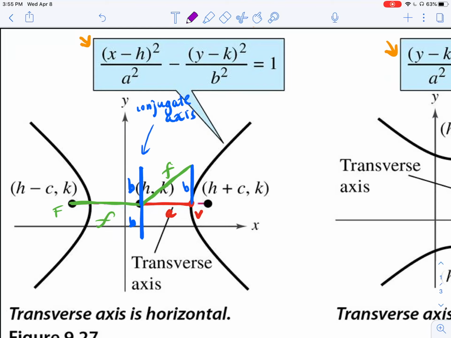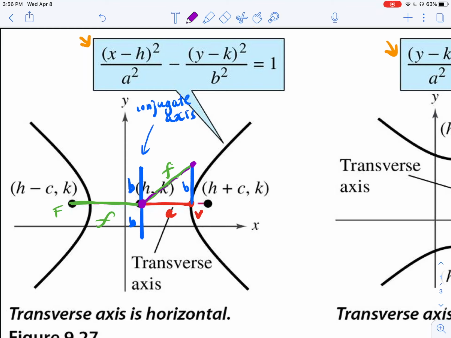So what do these asymptotes look like? Well, I'm going to use my A and B values as I mentioned before. So in this case, I'm going to start from the center. I'm going to go up B units and to the right A units until I get something that looks like this.